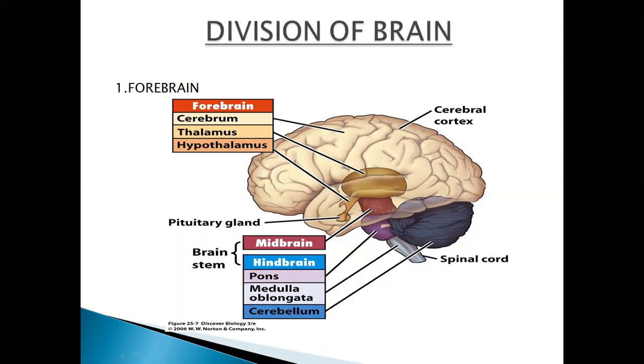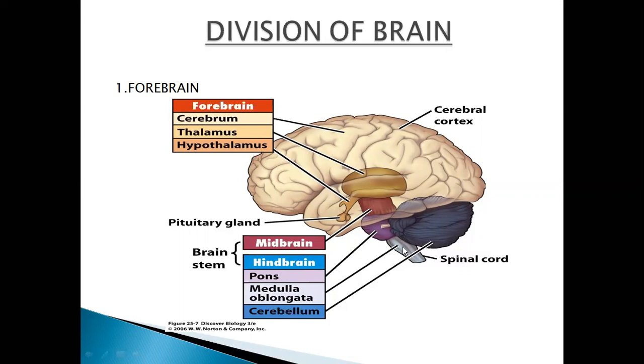Medulla oblongata, let's start with this one. This is the part of the hindbrain that lies on the top of the spinal cord. You can see the spinal cord here; this is the stem part from where the spinal cord originates. So medulla oblongata is present just above the spinal cord.